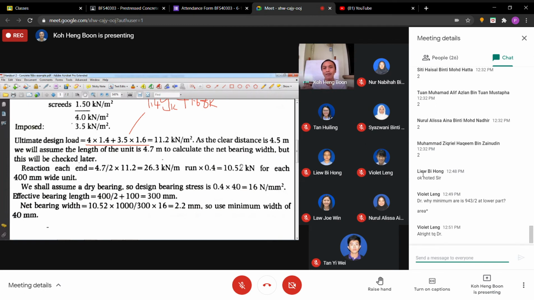You already learned the bearing, but I assume now it is 4.7. From 4.7 now we can calculate the reaction, because the precast here has a chamfer, something like this.